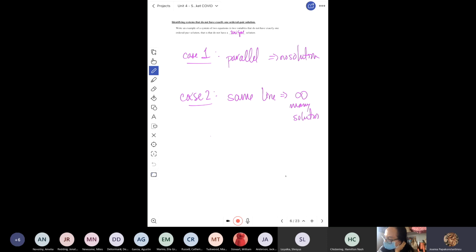So you would have to be able to come up with an example of two equations, a system, that have the same slope, different y-intercept for parallel. For the same line, one would be a multiple of the other, right? So you should be able to come up with examples to demonstrate that.